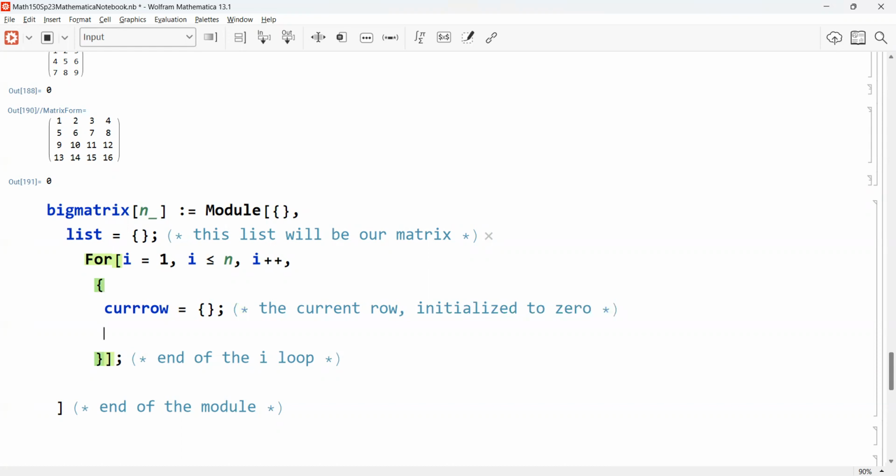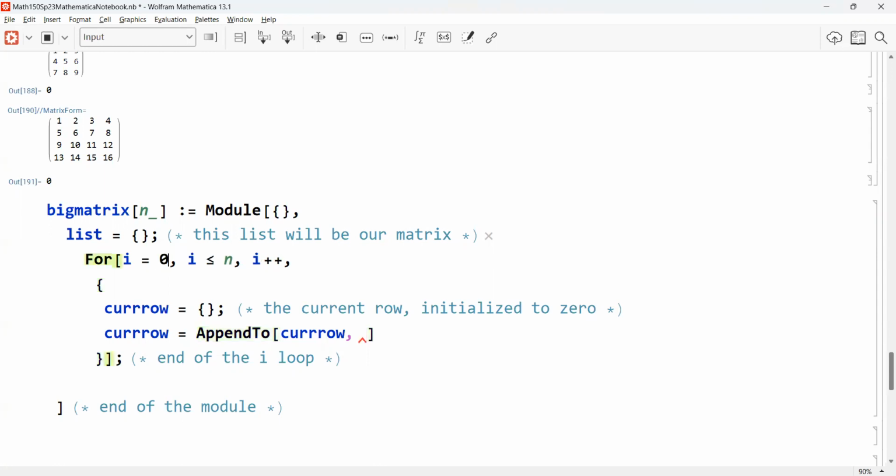And so what I'm going to do now is cur row is equal to, I'm going to append to the current row, and I need to know the number. So the first number I add is 1, then 2, then 3. So if I'm in row i, let's do it this way. I'm going to have i go from 0 to n minus 1.